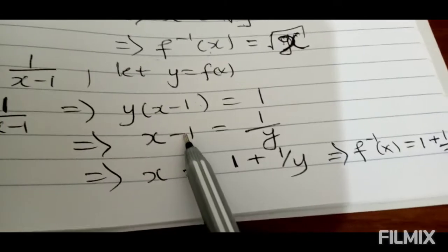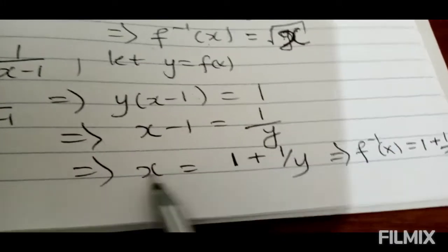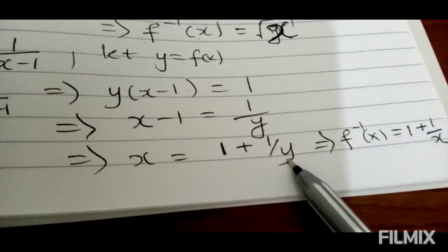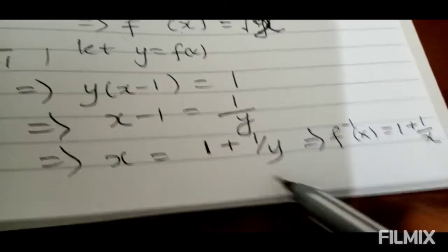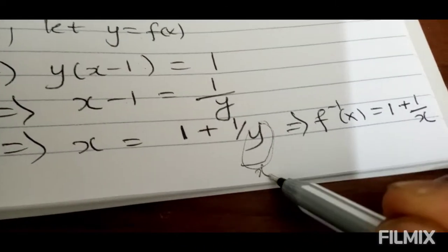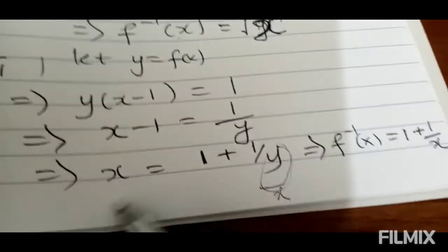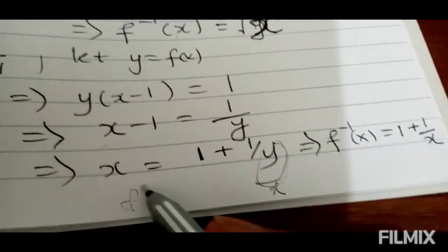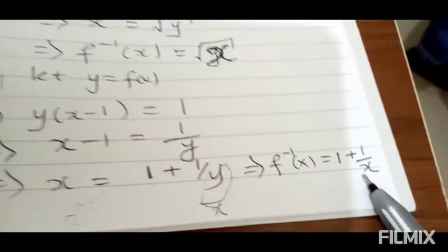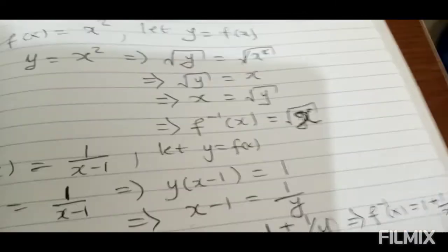So x minus 1 is equal to 1 over y. Then you take 1 to the other side, x is equal to 1 plus 1 over y. So in place of y here, you put x. And in place of x, you put f inverse, okay? So f inverse of x is equal to 1 plus 1 over x. Okay, yeah, so that's it.